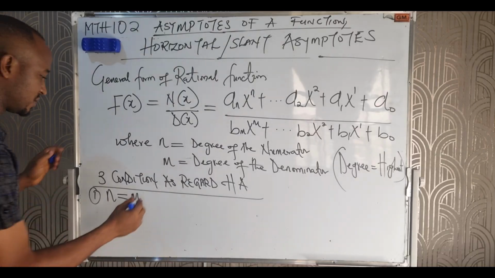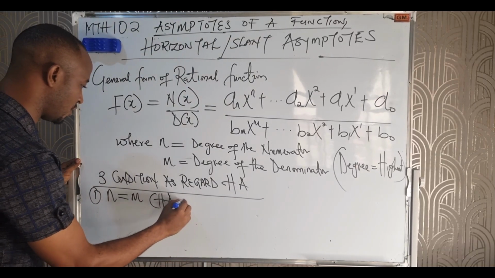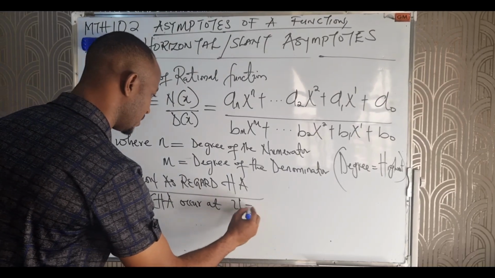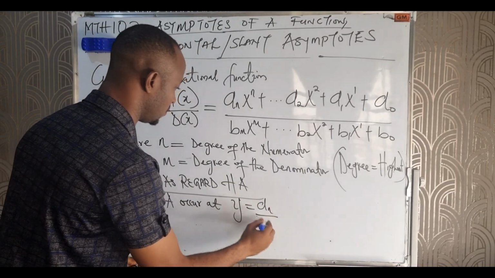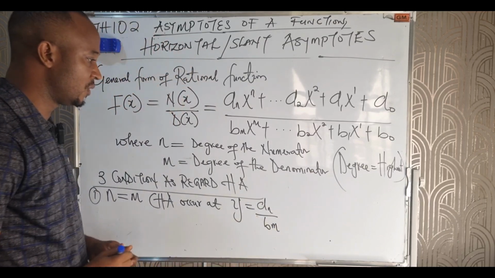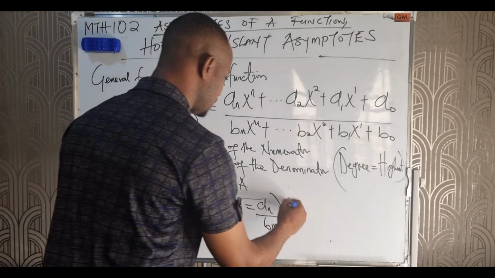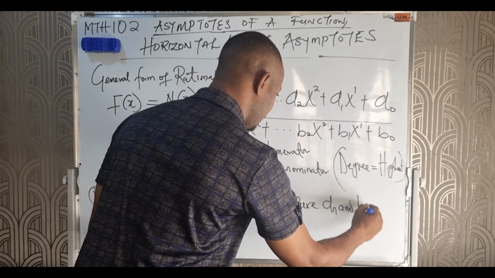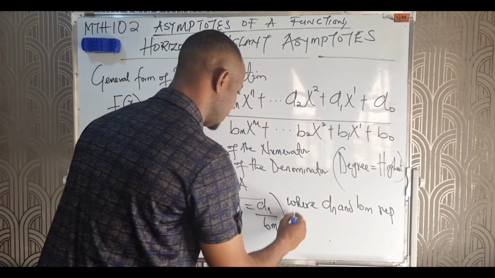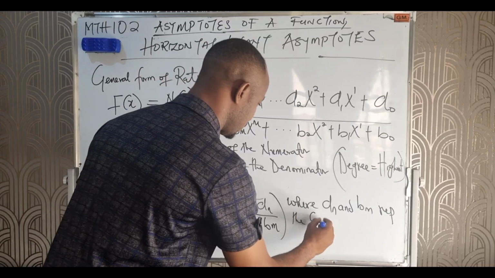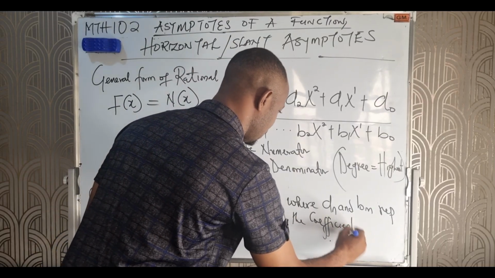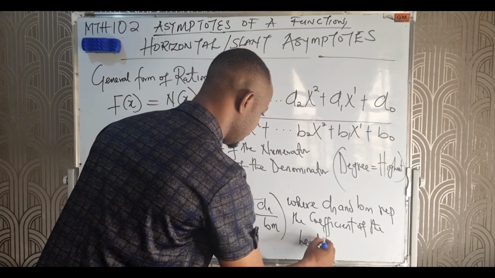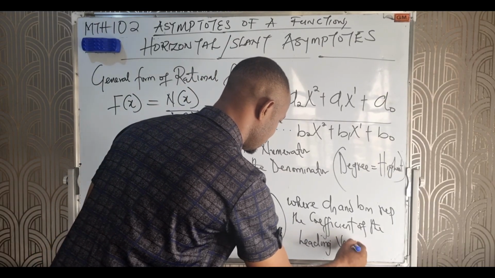The horizontal asymptote occurs at y equals a_n over b_m, where a_n and b_m represent the coefficients of the leading variable.